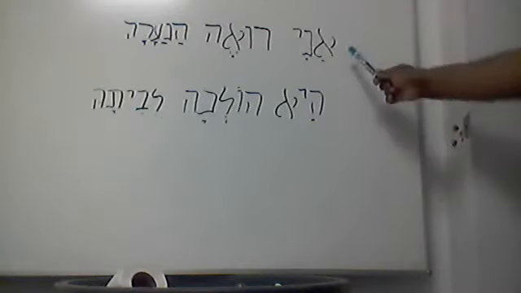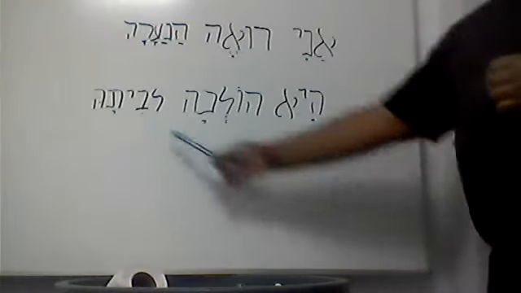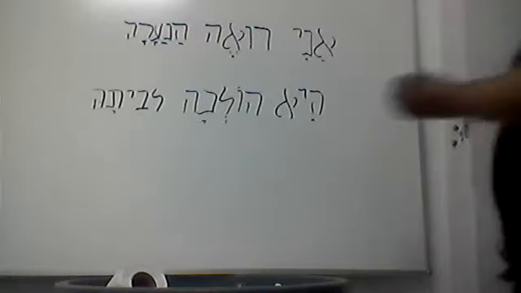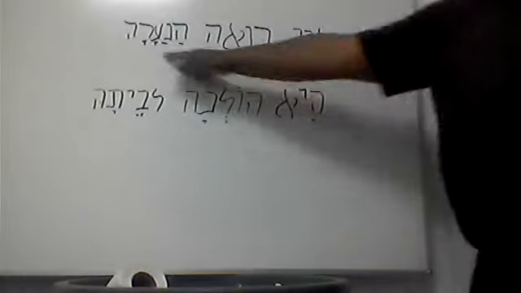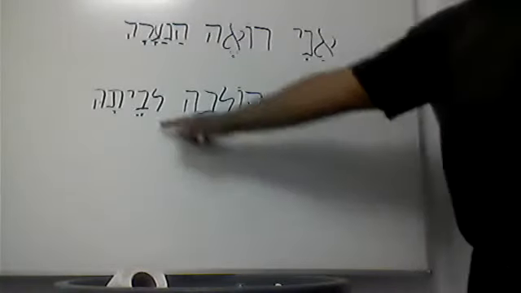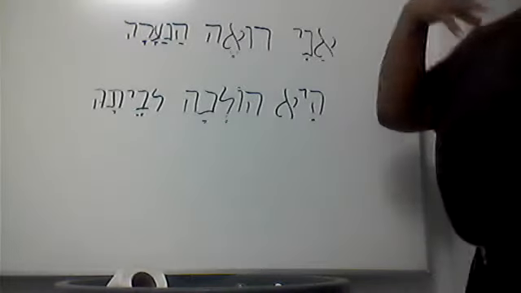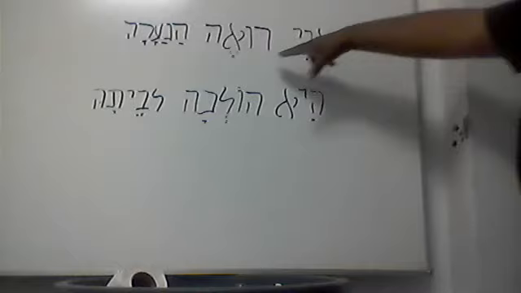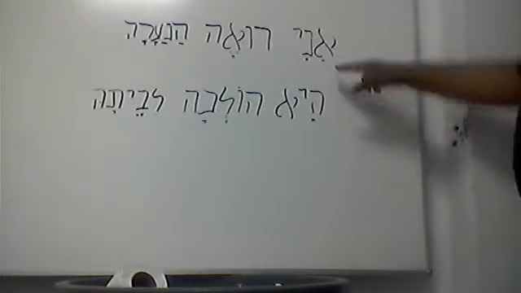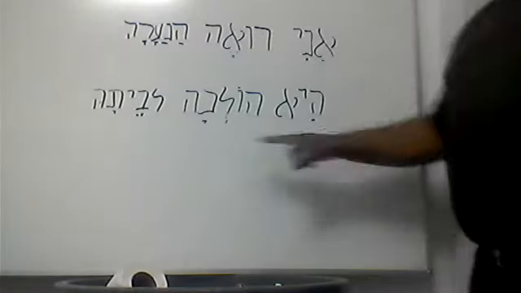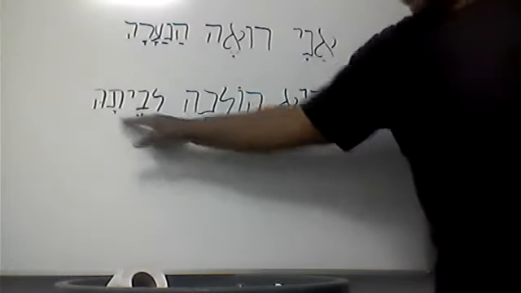Ani ro'eh hana'ara. Hi holcha lebeta. Translation. This is one male speaking. I see the girl. She is going to her house.